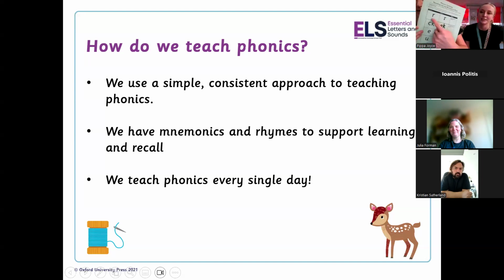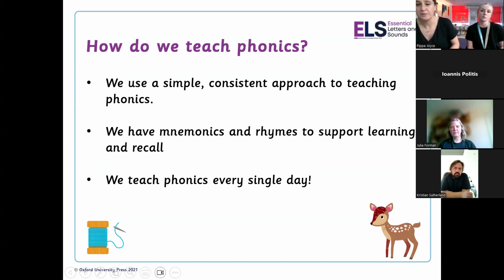So you have the grapheme, the little picture, and then you've got the mnemonic at the side. And it's quite repetitive because then the children get into the routine of it. They know what's coming up. It's predictable for them, and they're able to take what they already know and then apply it in a fairly familiar way each time.